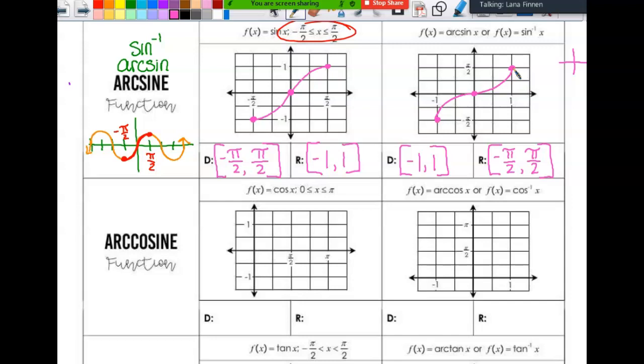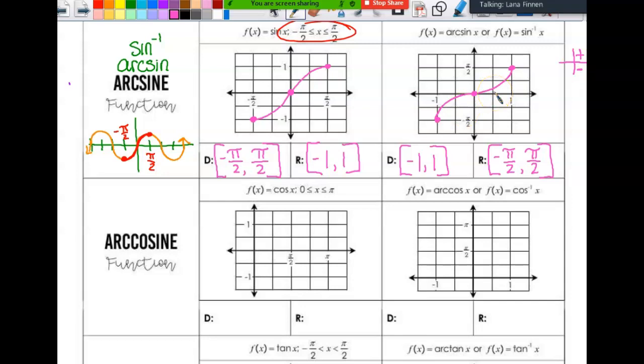But we don't really talk about these quadrants so much as we do the quadrants in the unit circle. So when we're talking unit circle quadrants, -pi-halves to pi-halves, my positive values are coming from quadrant 1. My negative values are coming from quadrant 4. These are the 2 quadrants we're using for sine inverse. Okay? These quadrants don't match these quadrants, and it's fine.